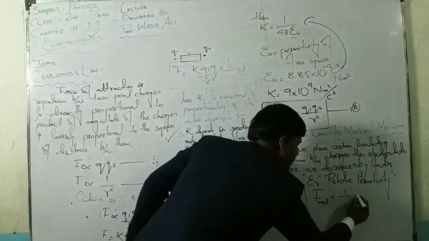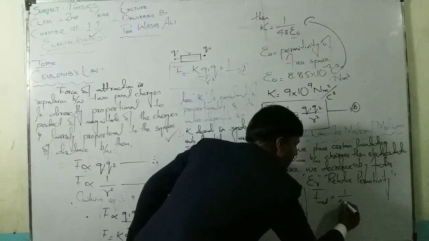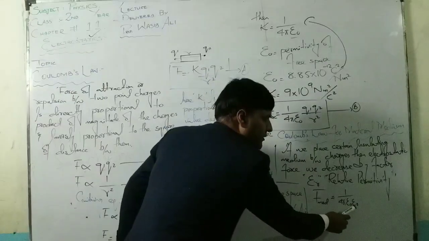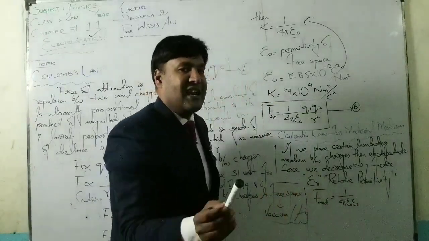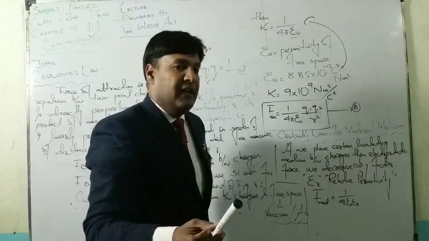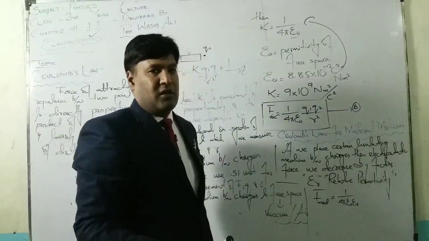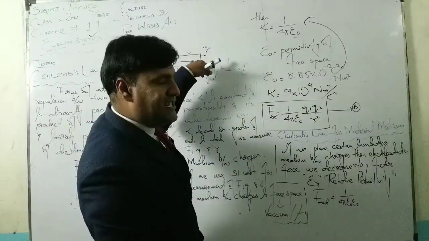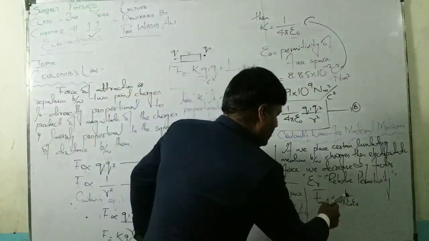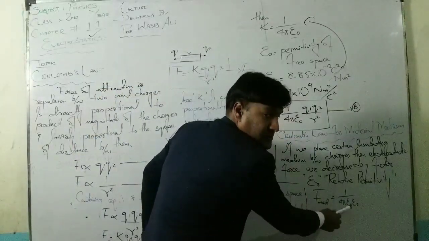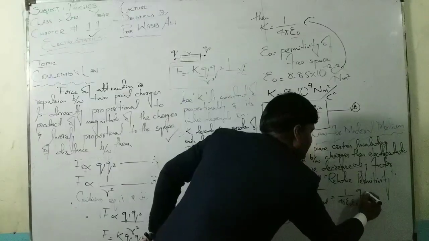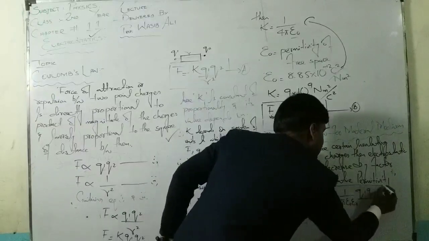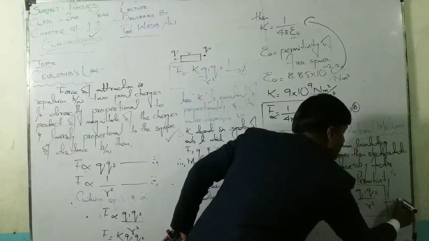The formula can be written as 1/4 pi epsilon naught epsilon r. Along with epsilon naught, we have introduced another constant, epsilon r, the relative permittivity, that shows the quantity of force decreased by placing an insulating medium between the charges. You can see it has an inverse relation with the force. The rest remains the same: Q1 Q2 divided by R square. So this is another form of Coulomb's law.